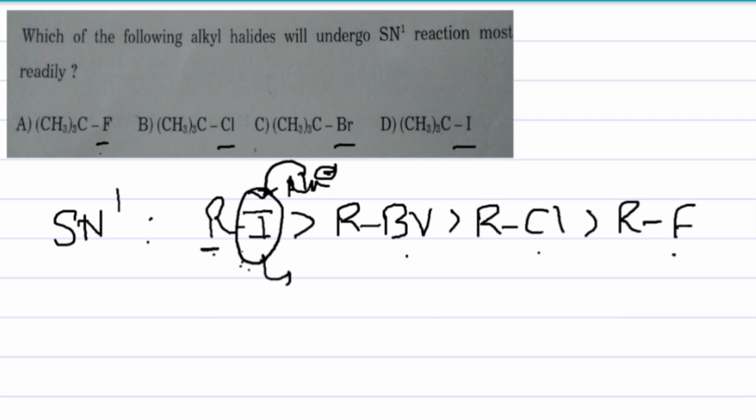So that's why in SN1 and SN2, alkyl iodide is more reactive. The order in SN1 and SN2 reactions is the same. So now in this, alkyl iodide is there, all tertiary alkyl halides only. So D option is the correct option, alkyl iodide.